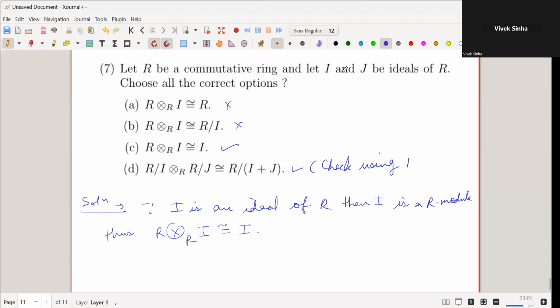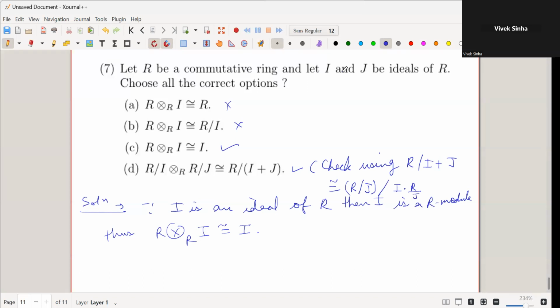So R modulo I plus J is isomorphic to R modulo I tensor R modulo J, and then you modulo I times R modulo J. So this is a product of rings.